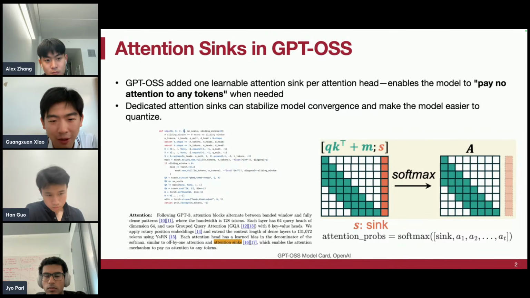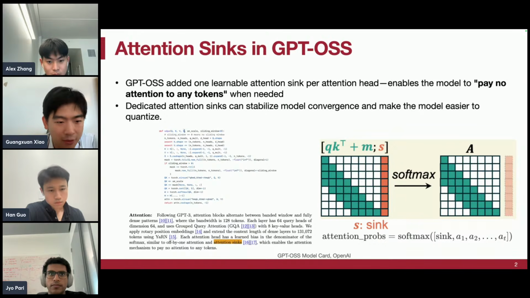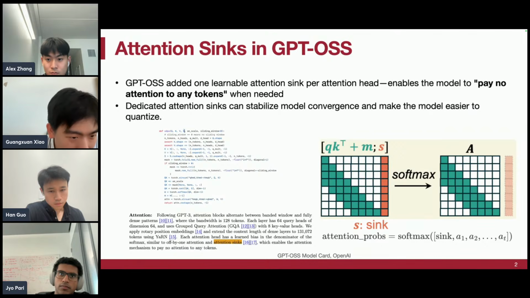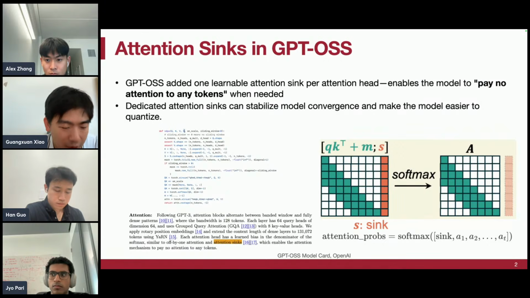You don't have to do anything related to data or kernels. You just need to add one sync value in the denominator and remove it after computing the attention. But I still think it needs some very slight kernel modification, though it's not as large as if you have a dedicated attention sync.